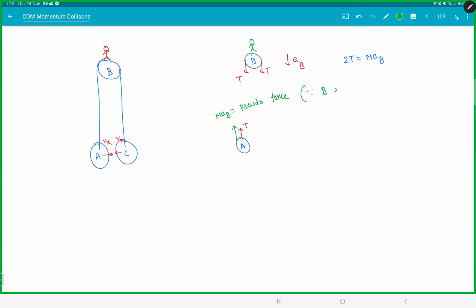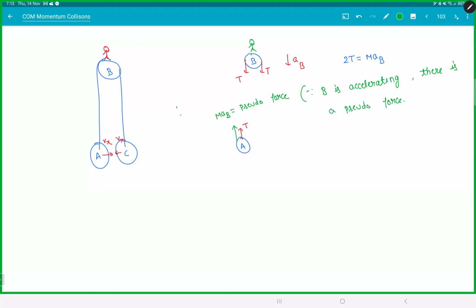Since B is accelerating, there is a pseudo force, which is mass of A into acceleration of B in the other direction. If you want to solve in the ground frame, you can't take centripetal acceleration because it's not going in a circle. There is a pseudo force. So this is a trap.